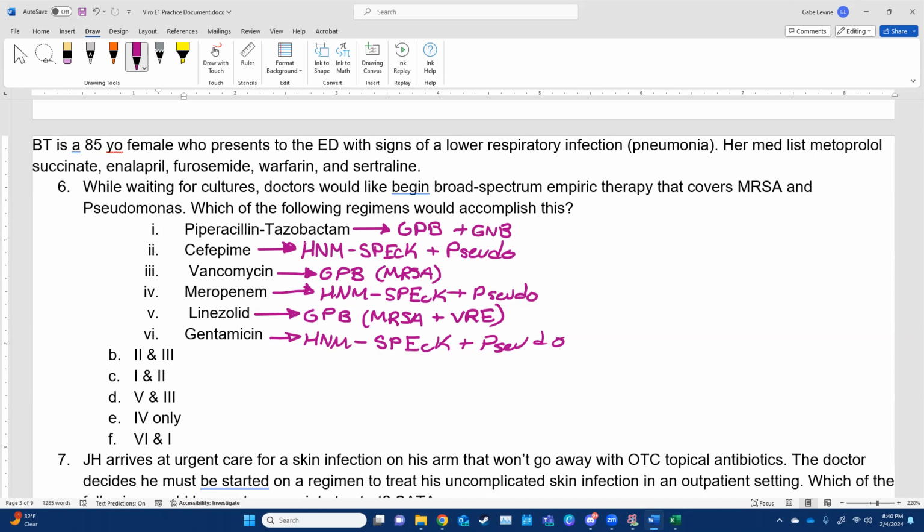All right. So in terms of what is going to be gram broad, MRSA and Pseudomonas, this would be our 2 and 3. Any questions about this?